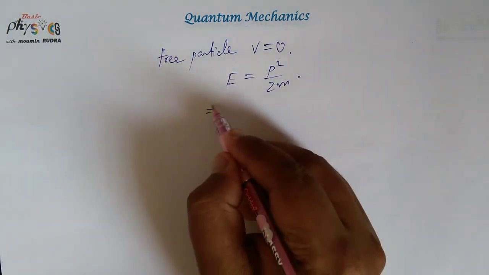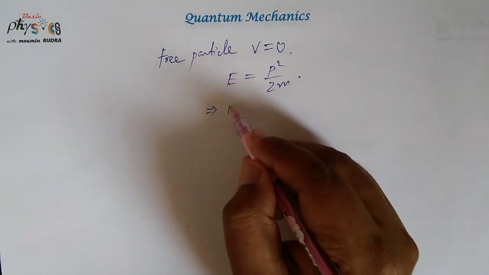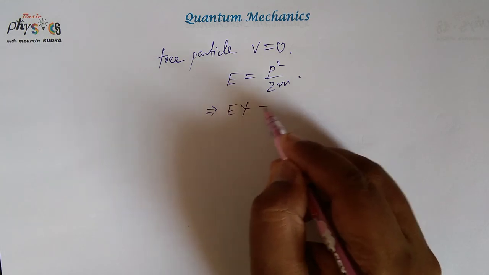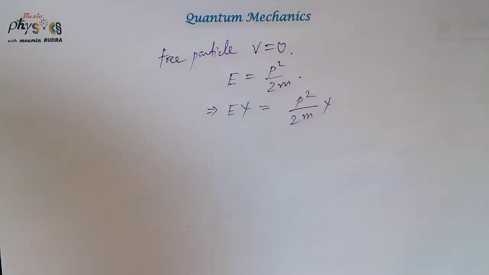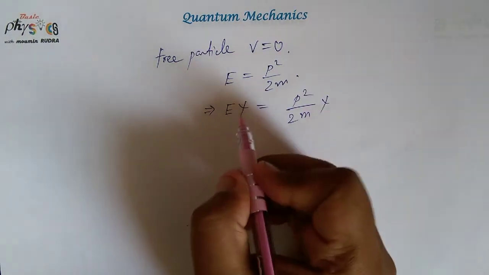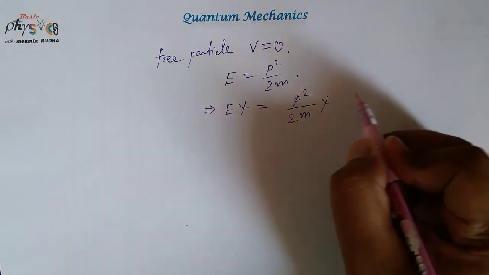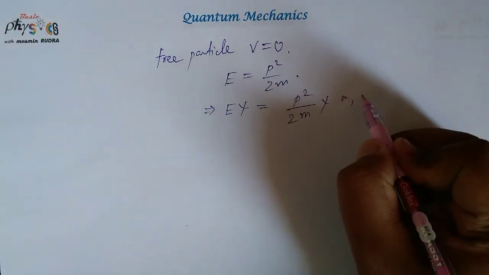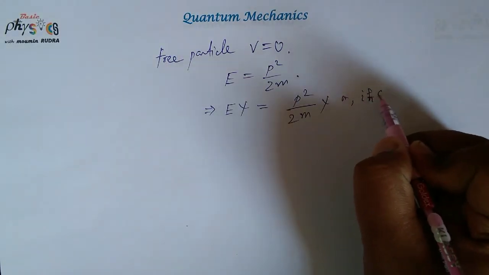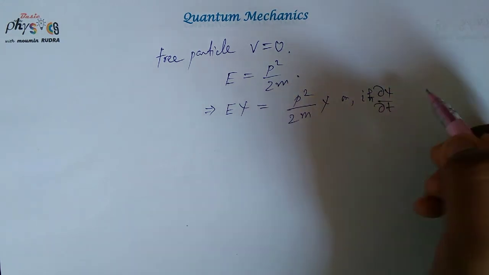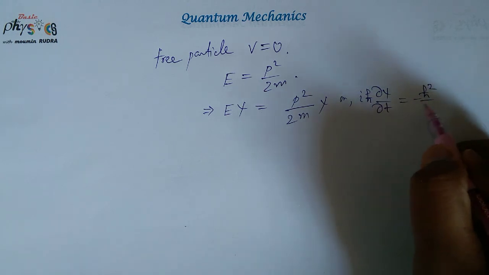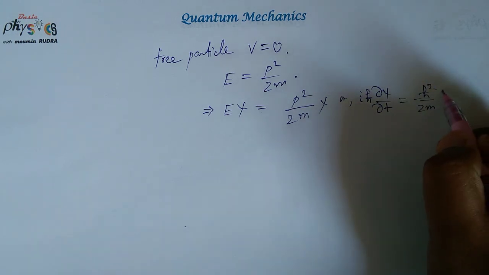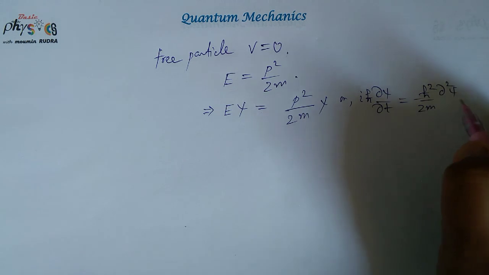Now use E as an operator, and p square also as an operator acting on psi. So i h bar del psi del t equals minus h bar square by 2m del 2 psi del x square.